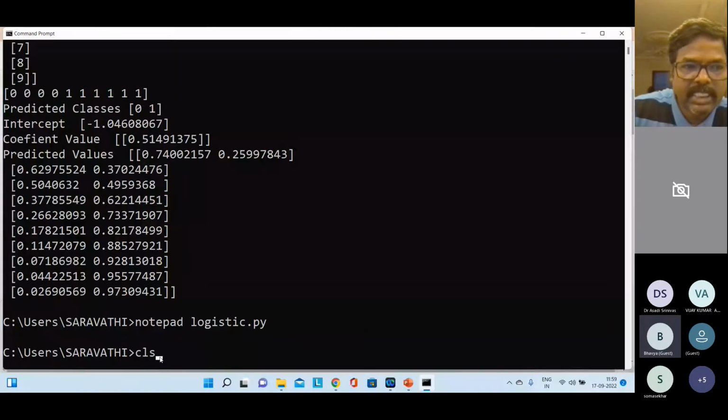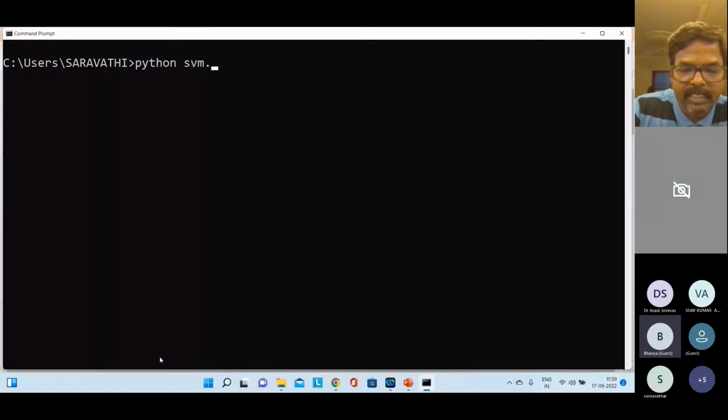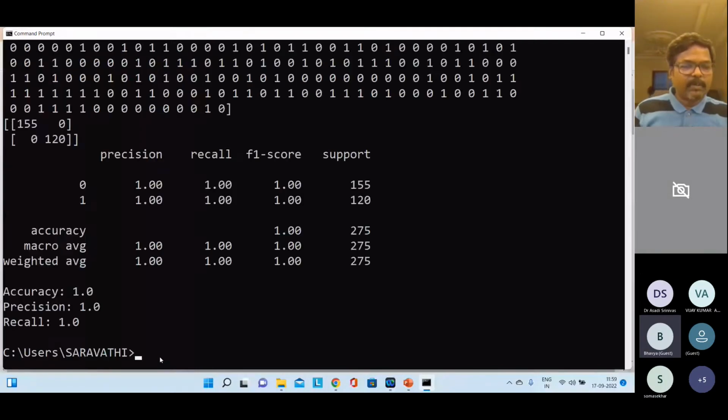See, cls, clear screen, python svm.py, support vector machine. So shall I explain that algorithm? If you want, I am going to go to the theory part again so that I can explain how support vector machine works. I am taking one electrical data set, whether electricity is coming.